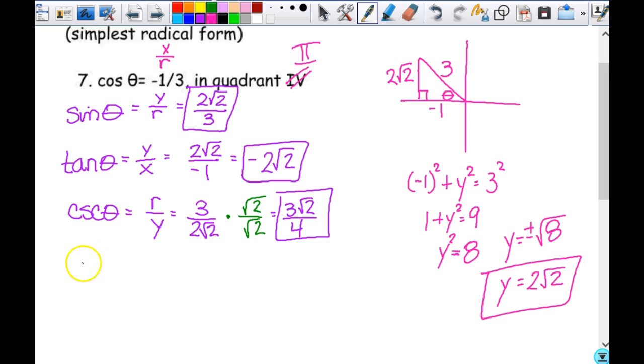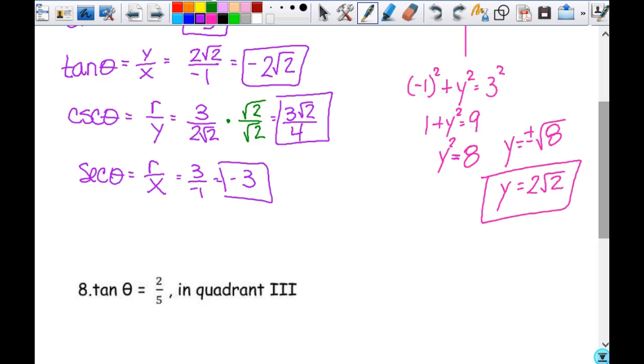Then my secant is r over x, which is just 3 over a negative 1, which is just negative 3. And then cotangent is x over y, which is negative 1 over 2 square root of 2.